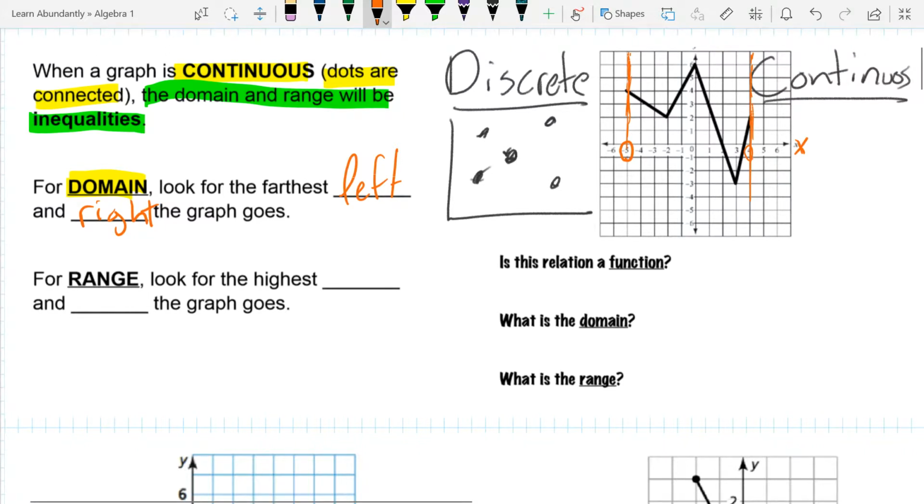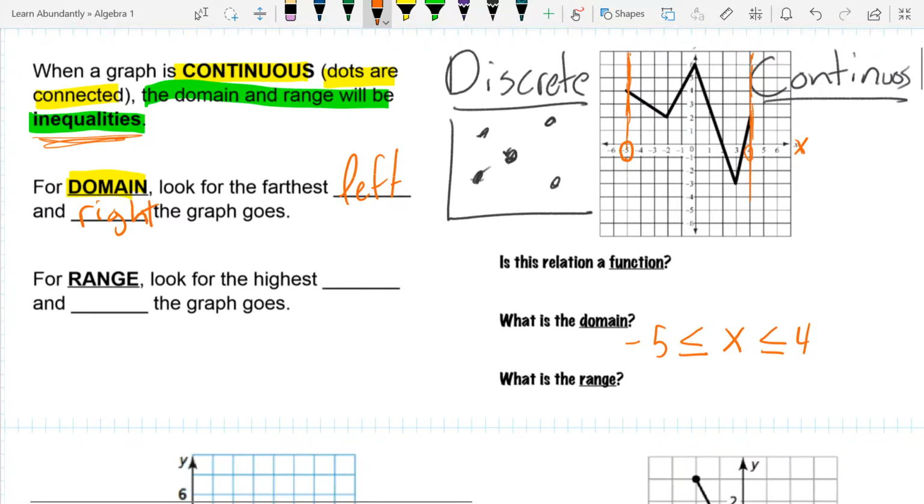Let's look at how we write that. From -5 to 4, we want all of the x values between them. So I'm going to put an x between them. And it said in our notes right at the top that we are going to have inequalities. So an inequality means I'm not going to use an equal sign, but a less than or equal to sign.